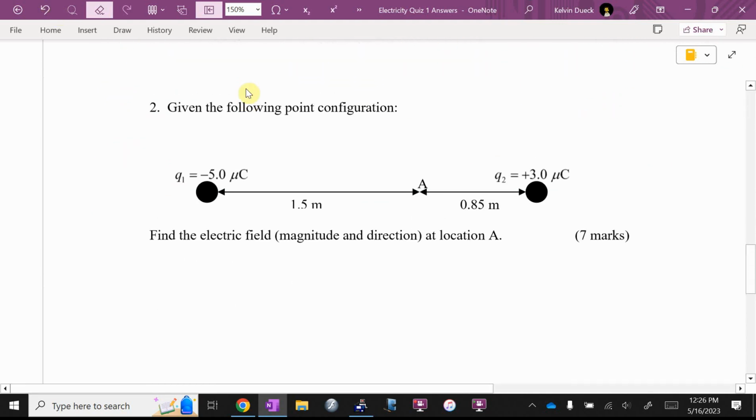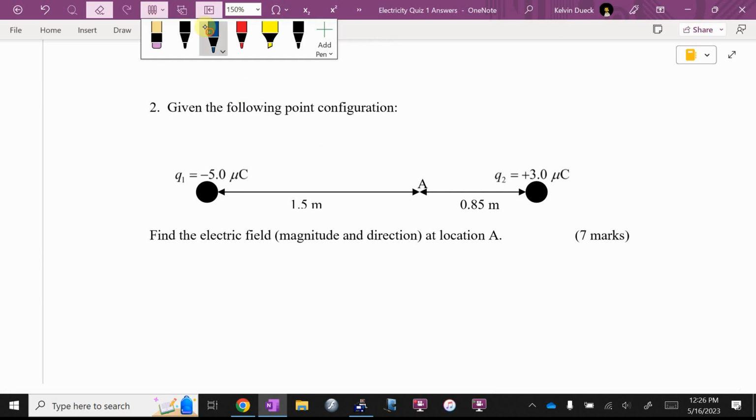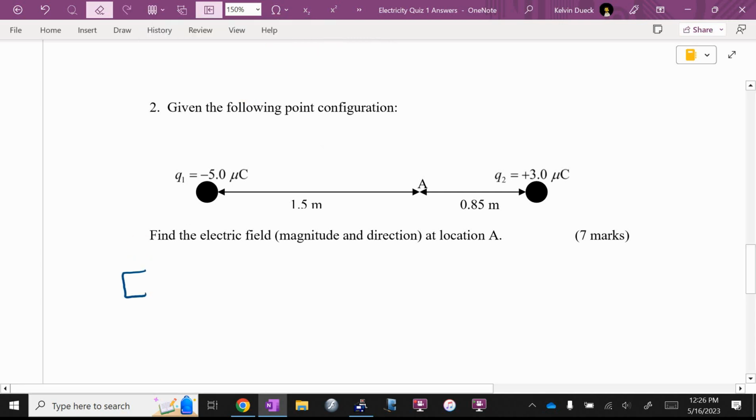Ooh, electric field. So electric field, and we're running out of letters because right now that's electric energy from yesterday. Oh, nope, now it's electric field because now it's a vector. That's going to be KQ over R squared. I'm going to find the electric field from charge 1, which is going to be KQ1 over R1 squared.